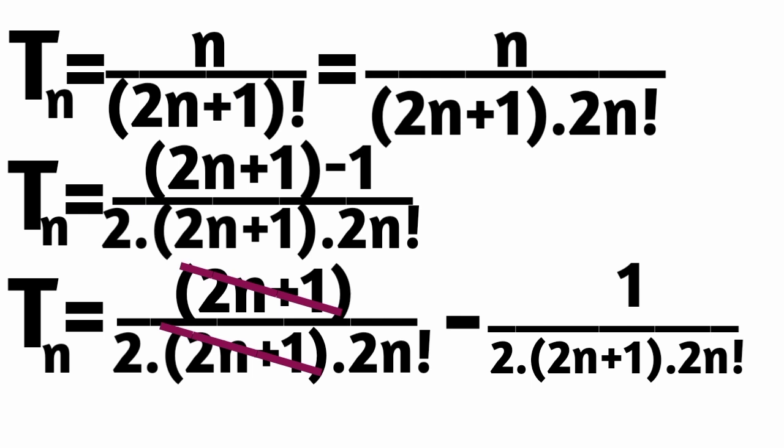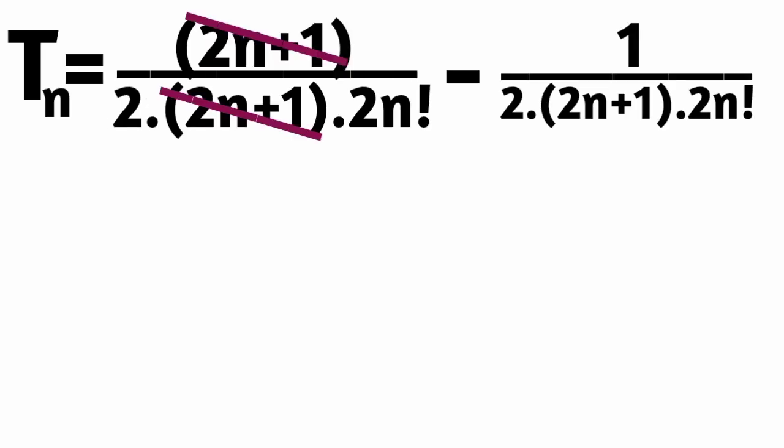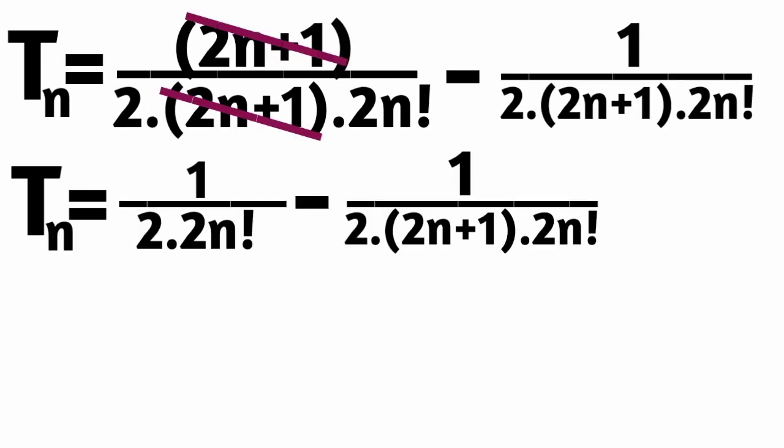And so by doing this we can write the above expression as Tn is equal to 1 divided by 2 into factorial 2n minus 1 divided by 2 into 2n plus 1 into factorial 2n.